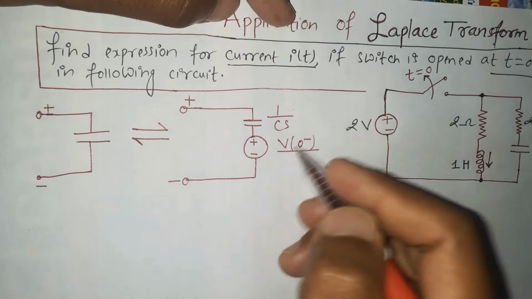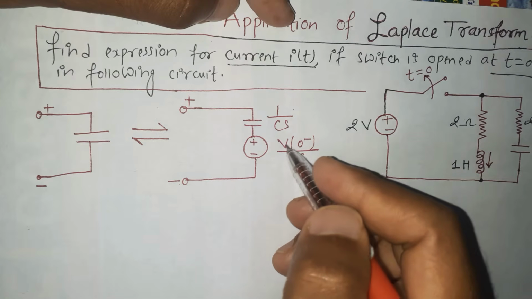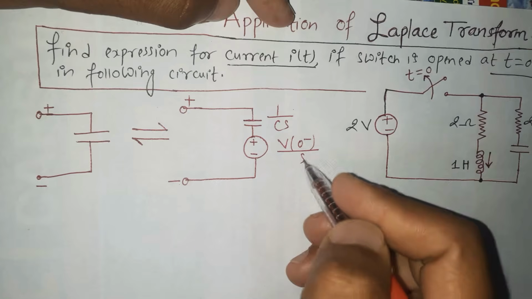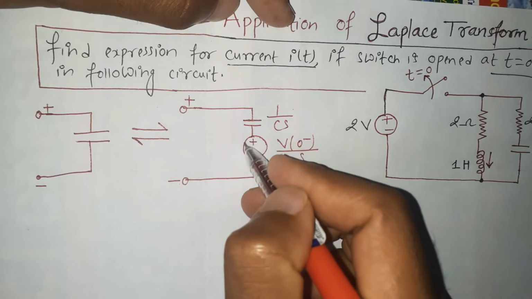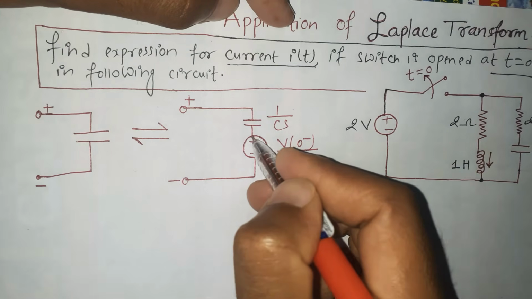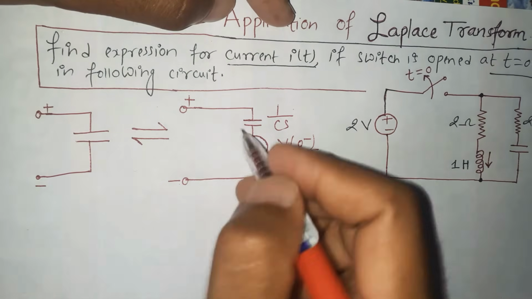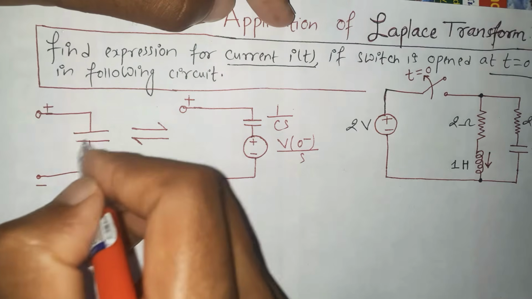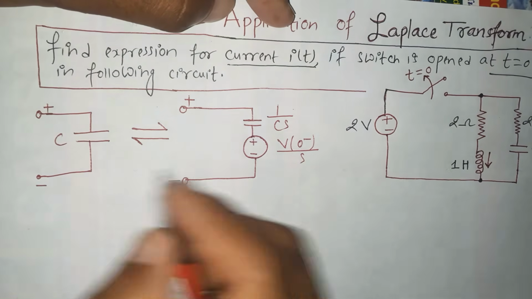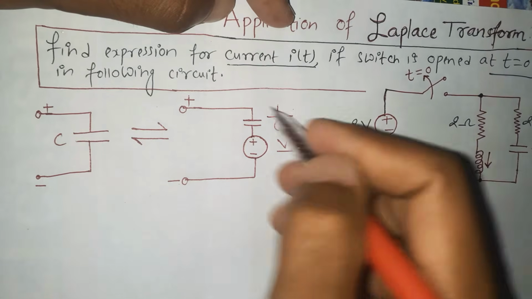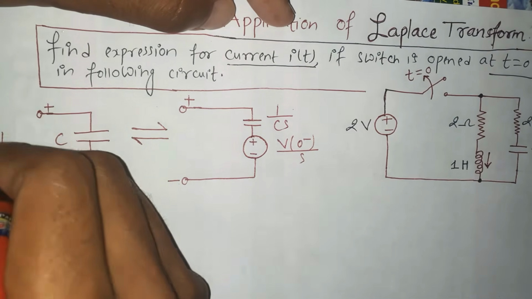Here at time t equals 0 minus, the voltage of the capacitor is v(0-), and v(0-) over s gives the magnitude of the voltage source. This is the equivalent circuit. Please remember this. This capacitor is changed into this S domain.